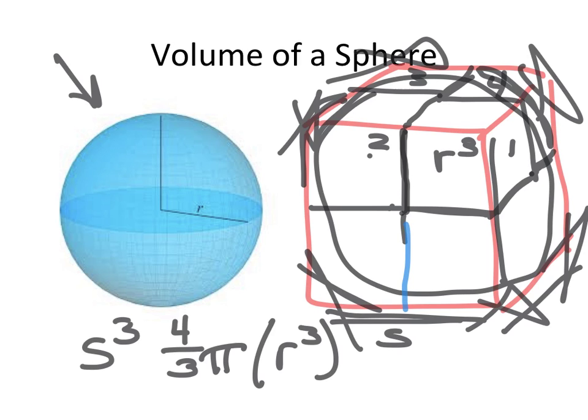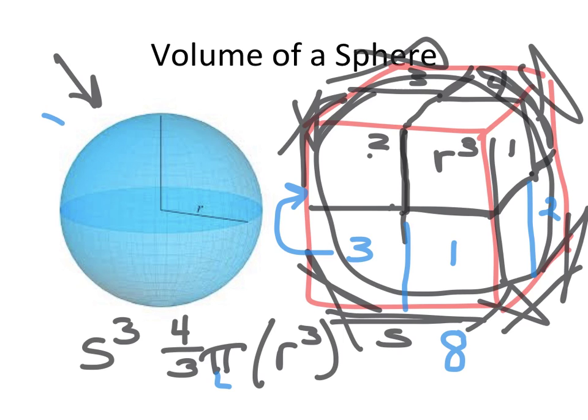Again, my drawing isn't exact here, but we would have one here, one behind, one here, and one around behind where we can't see it. So there would be 8 total of these small cubes inside the larger cube. So we could take the radius cubed, whatever that is, times 8 to get the volume of the entire cube.